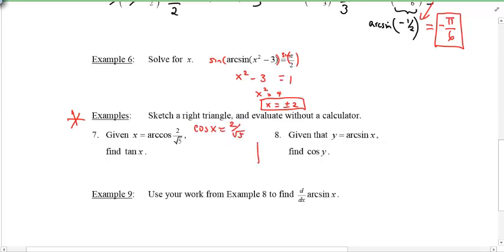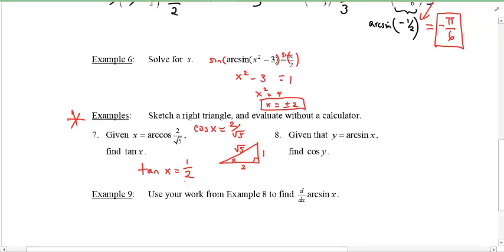So if I draw a triangle and x is my angle in question, cosine means the ratio of the adjacent to the hypotenuse side is like this. And that allows me to find the length of the missing side by Pythagoras. 5 minus 2 squared, that's just, I believe, 1. And now with the picture complete, I can find tangent x, because tangent x is defined as opposite over adjacent. There you go. 1/2.